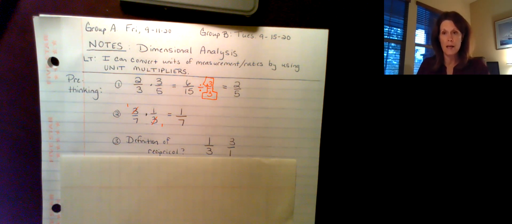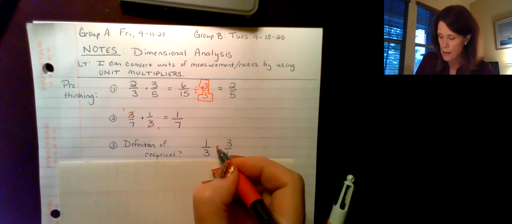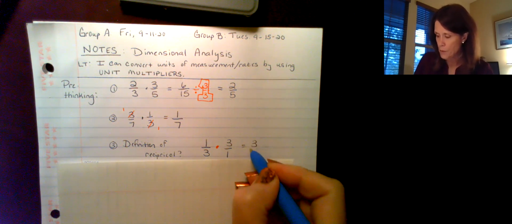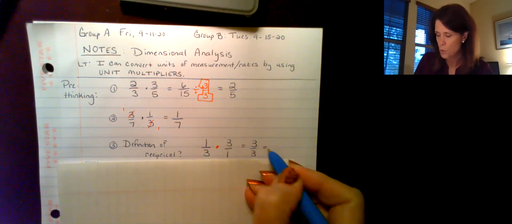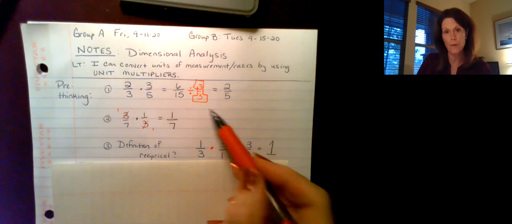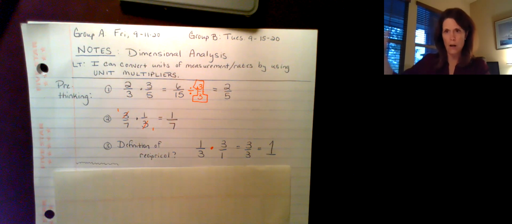But why? So definition of reciprocals is that reciprocals actually multiply to equal 1, right? And we just said up here, 3 over 3 was 1, right? So definition of reciprocals, they multiply to be 1. All right, all that's pre-thinking.